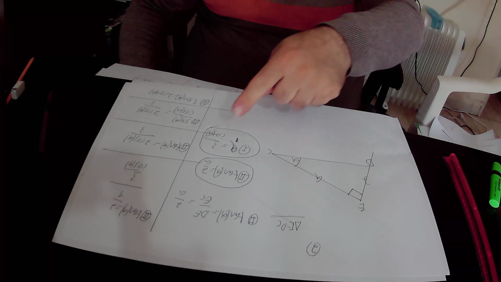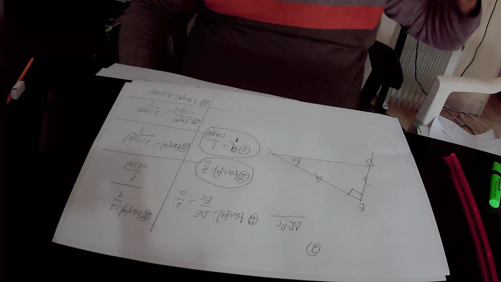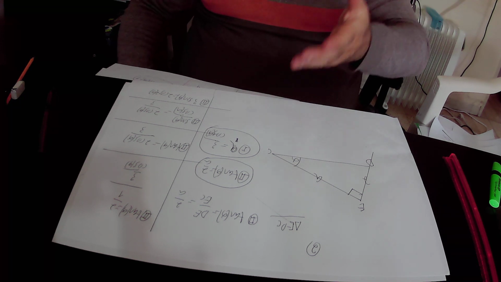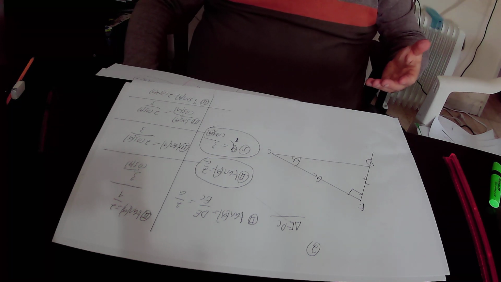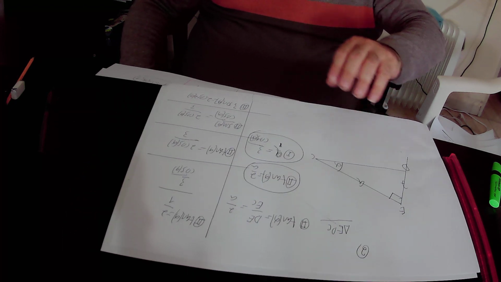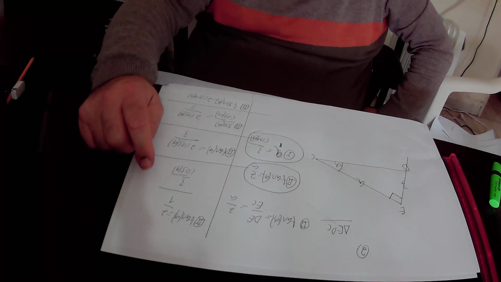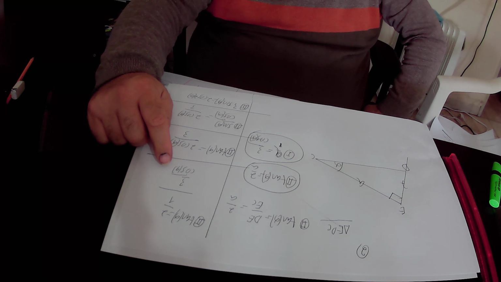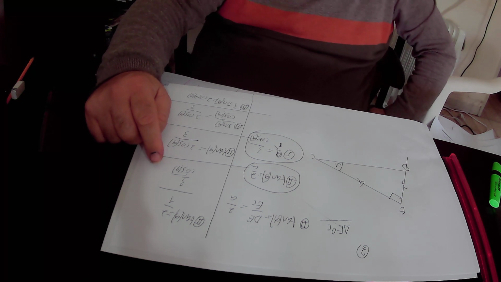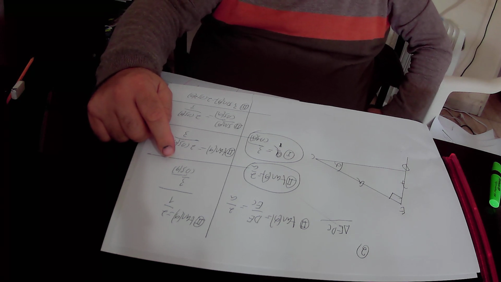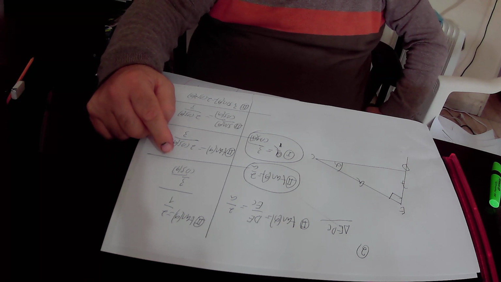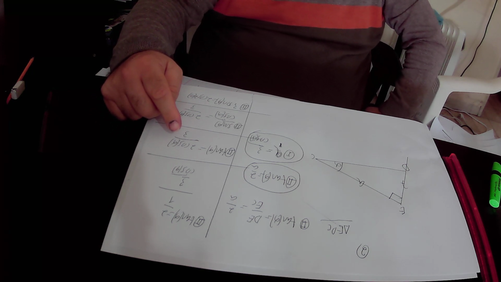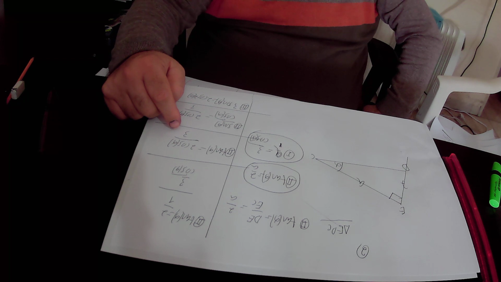Now we can substitute A in equation number 2 by 3 over cosine alpha from equation number 1, because A equals 3 over cosine alpha. So we did it and we got that tangent alpha equals 2 over 3 over cosine alpha. We moved cosine alpha to the numerator and 3 to the denominator, and we found that tangent alpha equals 2 cosine alpha over 3.